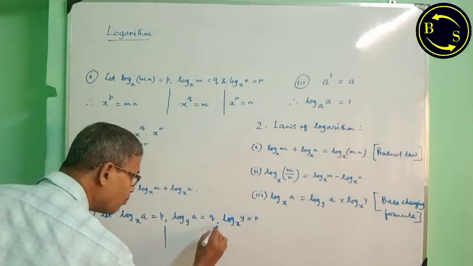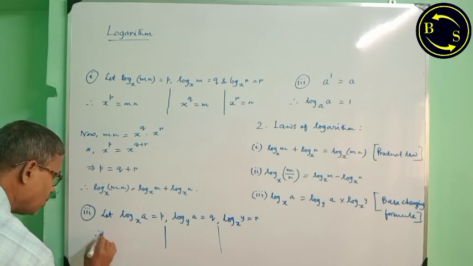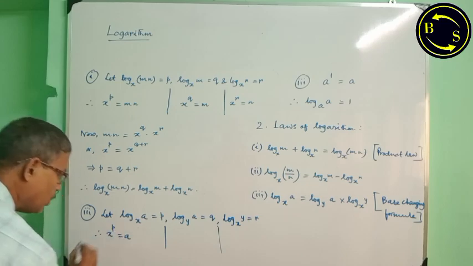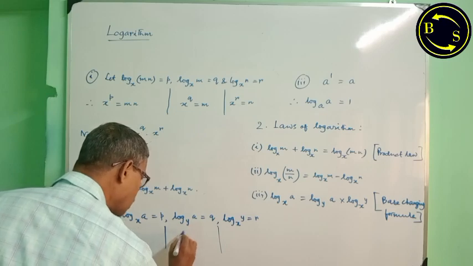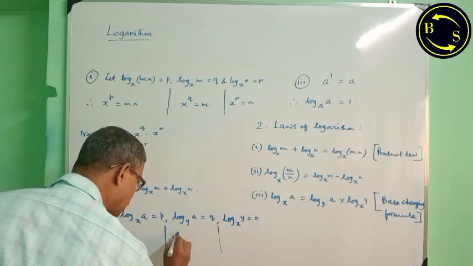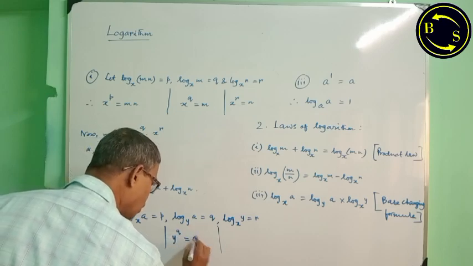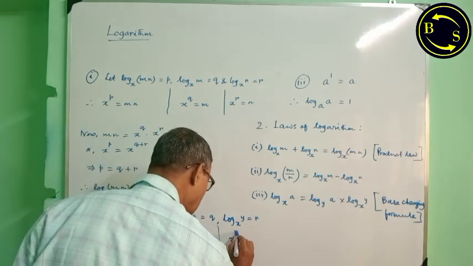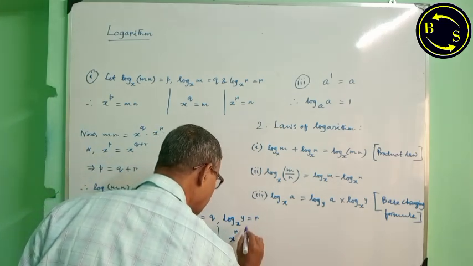Now from these three we get x to the power p equal to a. From this y to the power q is equal to a, and from it x to the power r is equal to y.